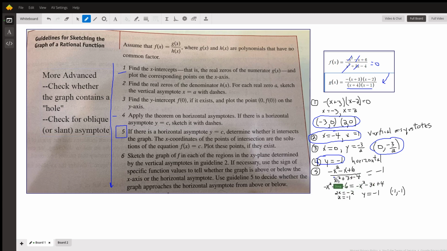If we multiply both sides by this denominator, this is the equation we get. The negative x squareds cancel out. We get 2x equals negative 2, x equals negative 1. So when x is negative 1, we do cross the horizontal asymptote. So there's the point where the graph crosses its horizontal asymptote, the only point.